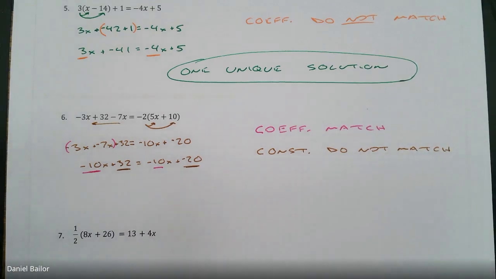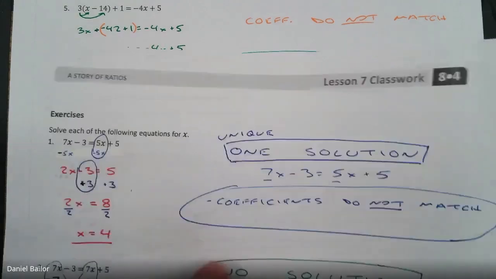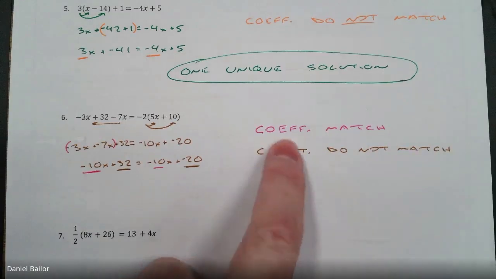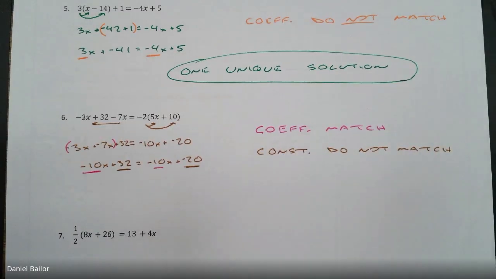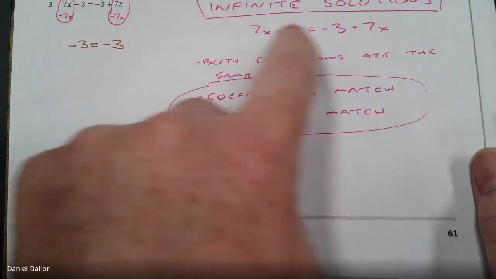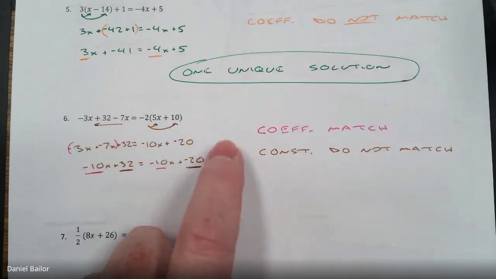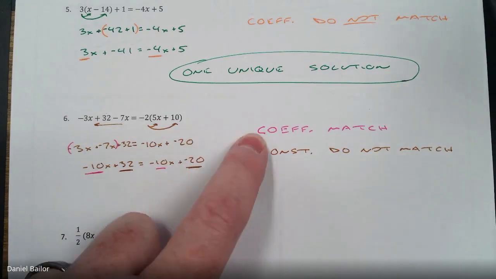So how many solutions do we have? We know there's not one unique solution because for a unique solution, the coefficients cannot match. This time the coefficients match. It's not infinite solutions because everything has to match, coefficients and constants. Well, the coefficients match, but the constants do not.